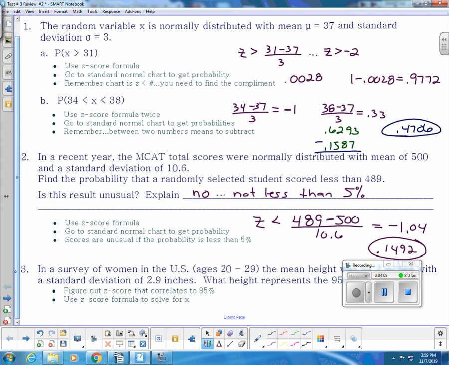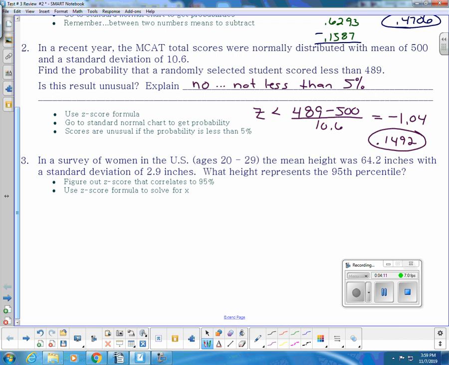All right, in a survey of women ages 20 to 29, the mean height was 64.2 inches with a standard deviation of 2.9. What height represents the 95th percentile? The percentile is 95. So you need to go to the z-score chart. That is a probability, so you're looking for 0.9500.